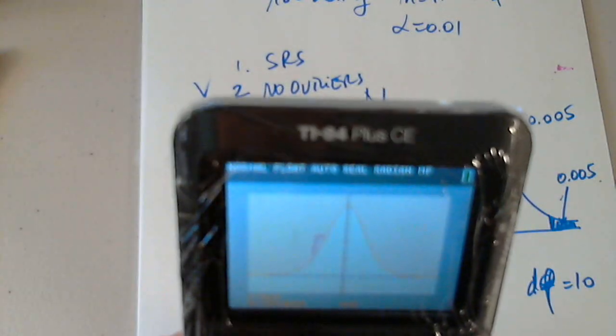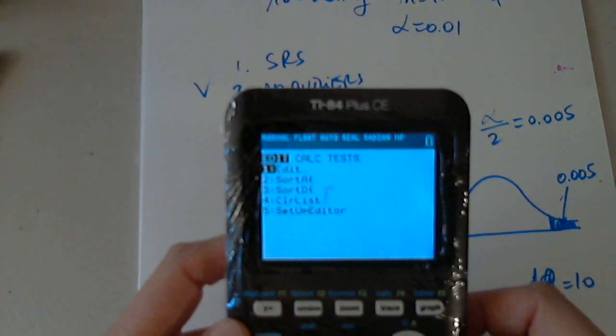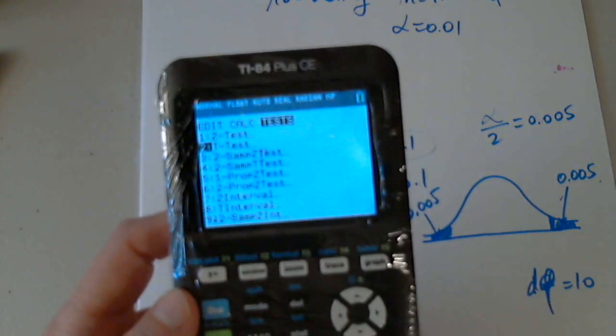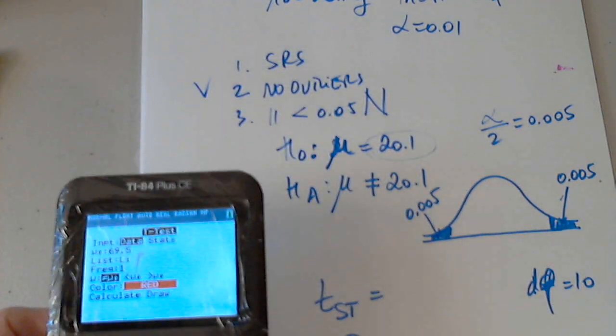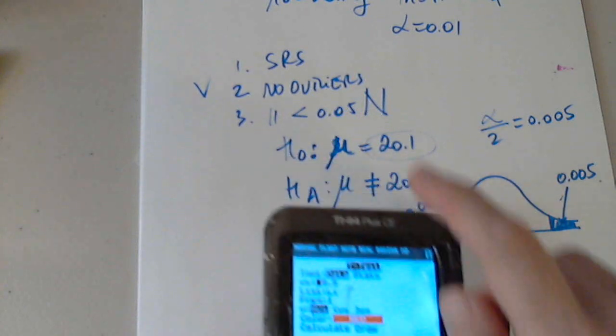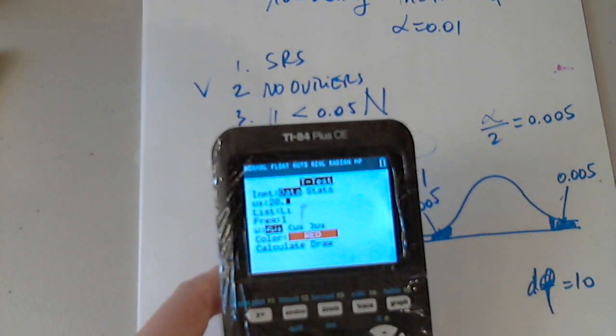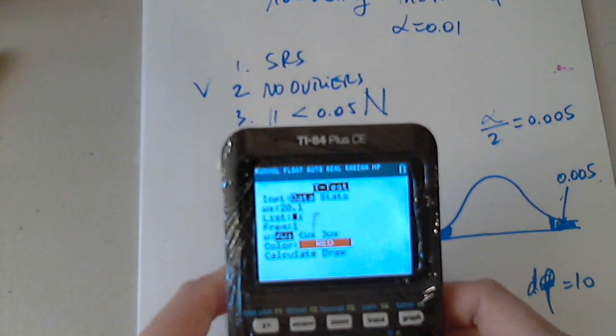Okay, so I got the test statistic to be, let me check my numbers. T, of course. Mu 0, 20.1. List L1.